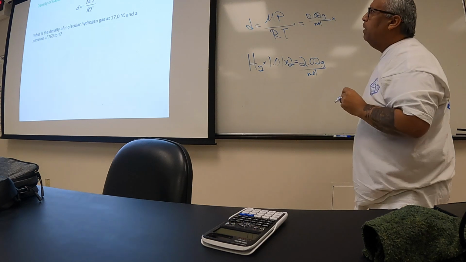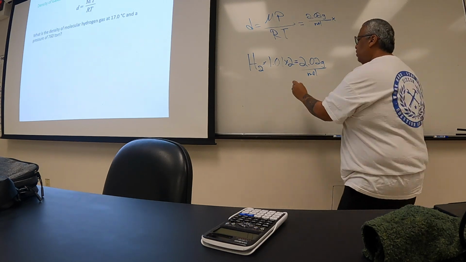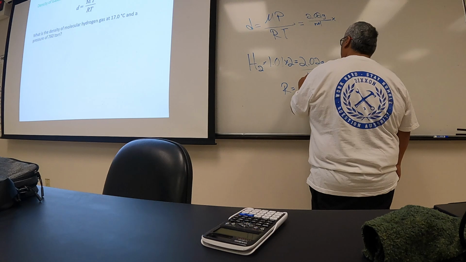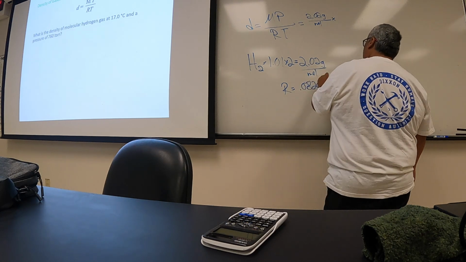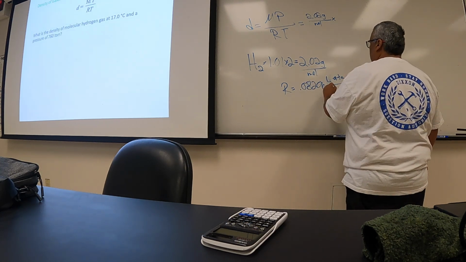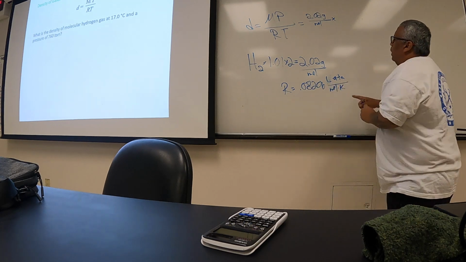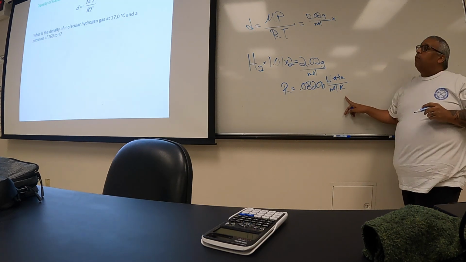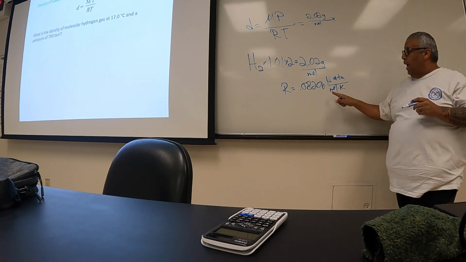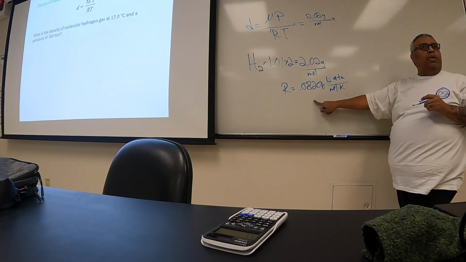We're going to multiply that by the pressure, but because of this rate constant here, liter atmospheres per mole Kelvin, we do have to convert 760 torr into atmospheres so that we can use this rate constant here.